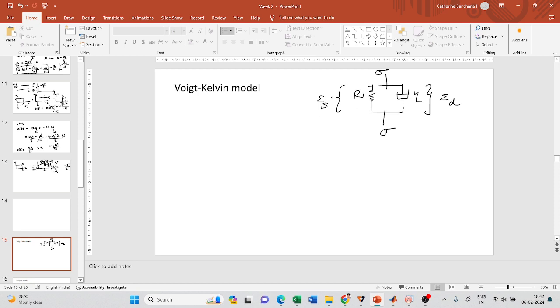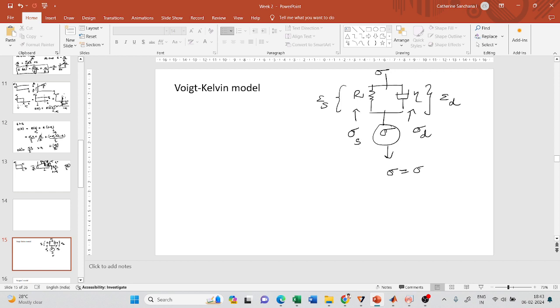Now if we have two different materials and both of them undergo the same deformation, which means they have to take different stresses, right? Only if they are subjected to different stresses can they undergo the same deformation, since the materials are different. So here, unlike the previous case, the stress taken by the spring is represented as sigma s, and the stress taken by the dashpot is represented as sigma d, and a summation of these two must be equal to the total stress which I am applying externally.